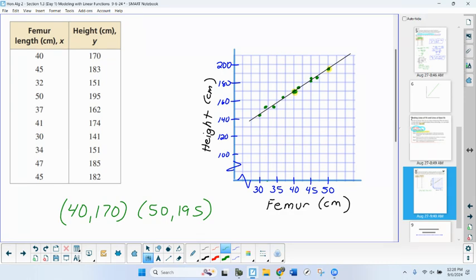After you write the equation of the line, it says use it. That means the equation, not the graph, to find the height of a person who has a femur that is 35 centimeters. So now what do you do with the 35? Plug it in for x and do the math. Do you guys feel okay with this? Did you finish this okay? All right. Because I know that's long.